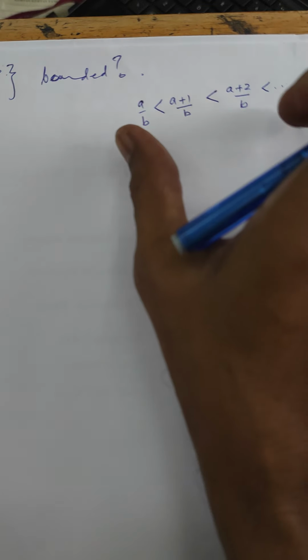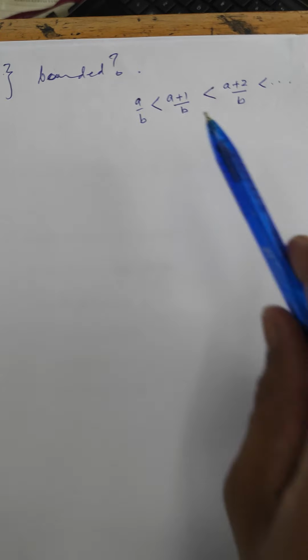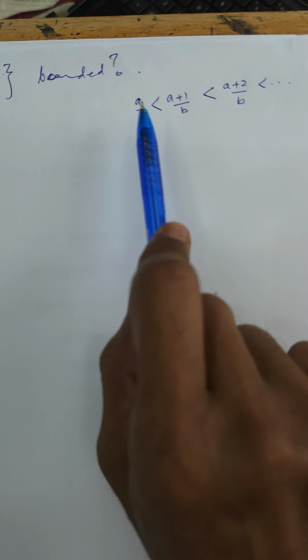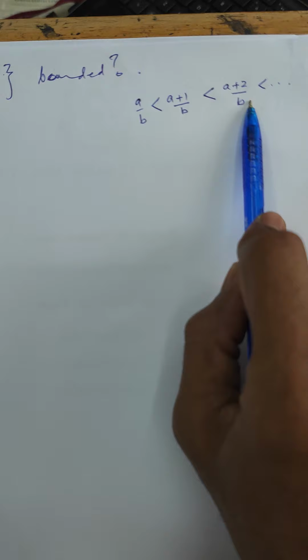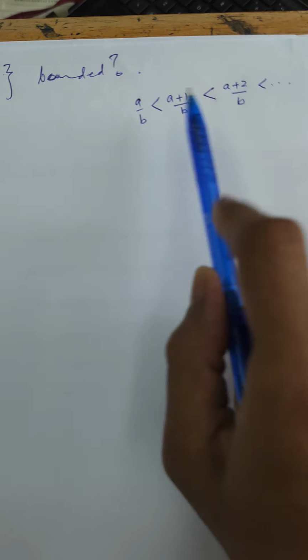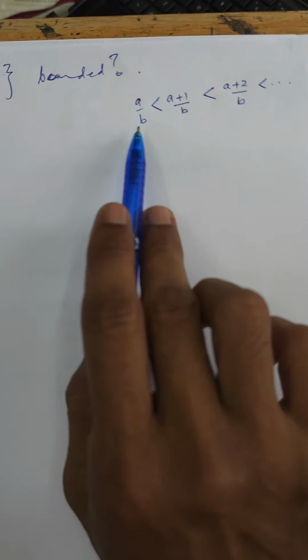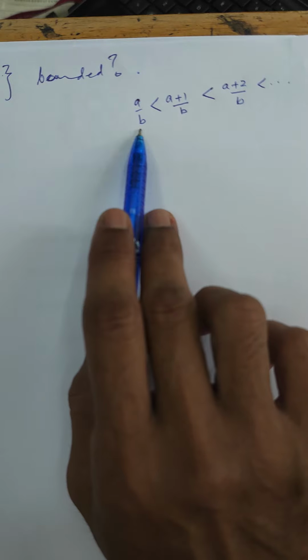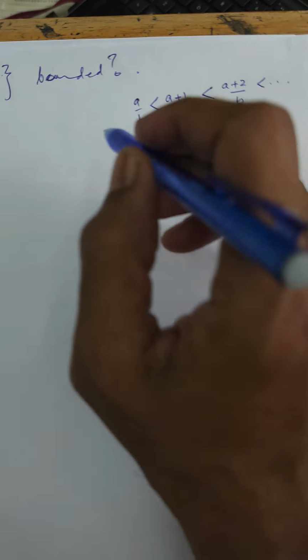This is an example of how to keep the right hand side always bigger than the left hand side. Also, you can decrease the denominator.